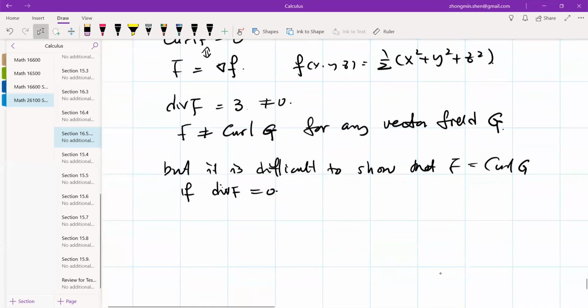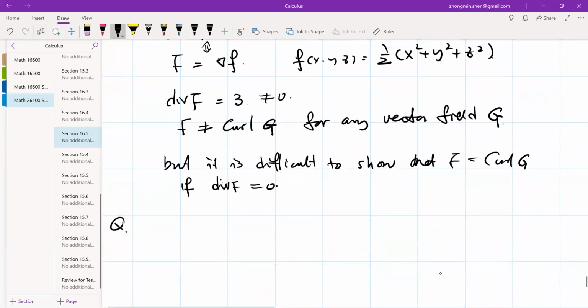Yeah, I'm going to show you an example. Let me write down the function. So here's a vector field.